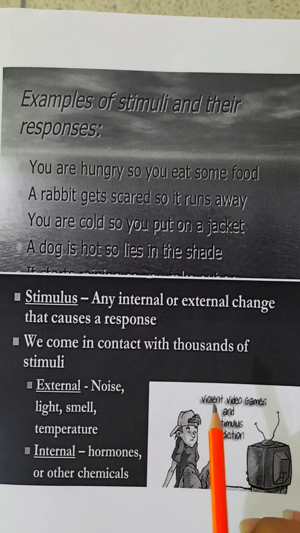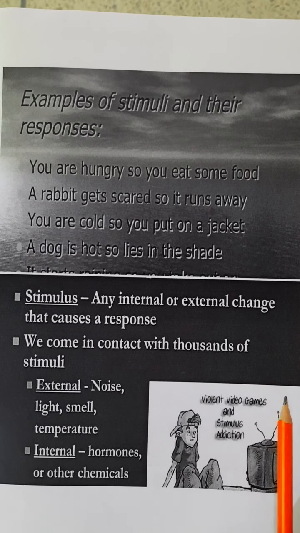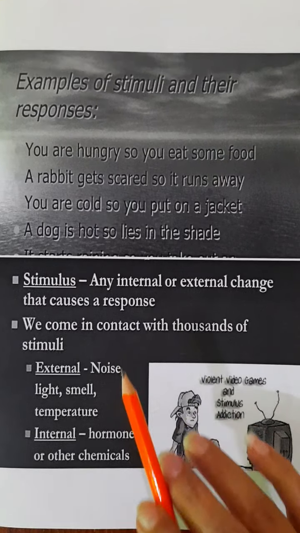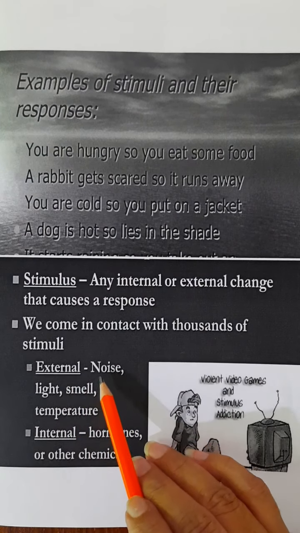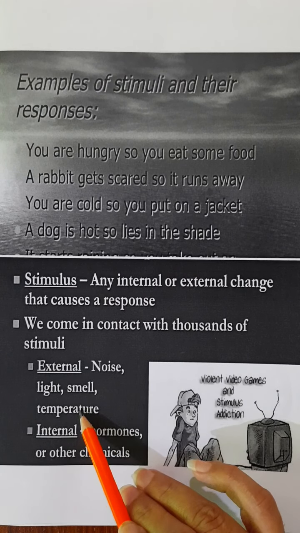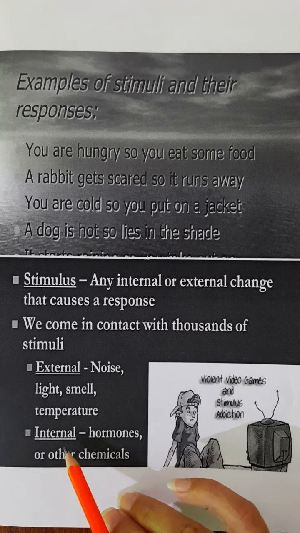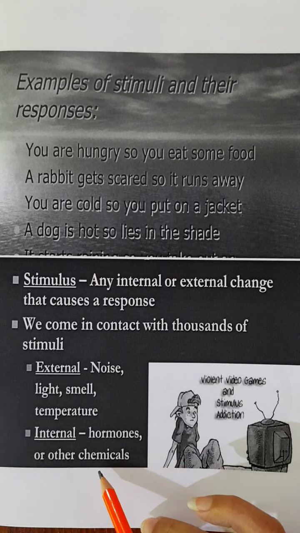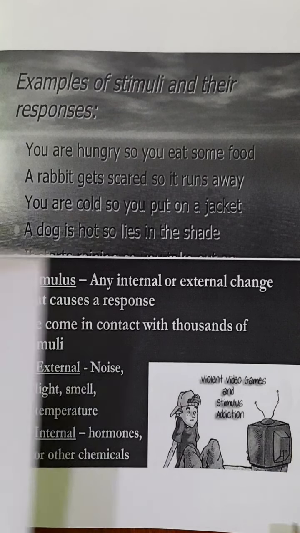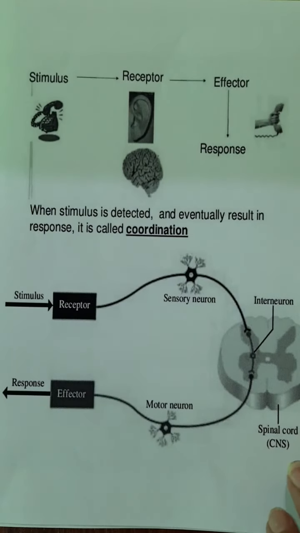So a stimulus can be an internal or external change that causes a response. In our daily life, we come across thousands of different kinds of stimuli. For example, these stimuli can be external, like noise, light, smell, change in temperature, or they may be internal in the form of different hormones or chemicals present inside your body. Here's an example.